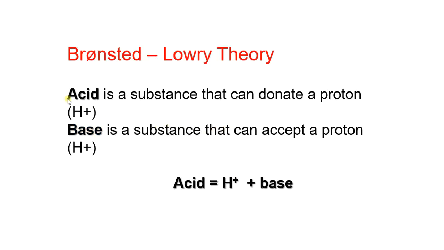The Brønsted-Lowry definition of an acid is pretty much the same: it produces H+ ions. A base is something that accepts, so you can see the slight difference there.